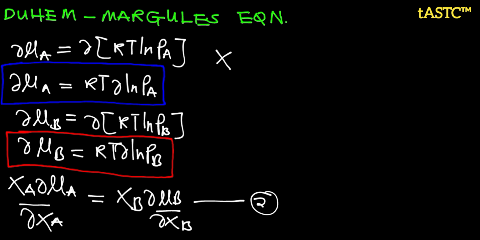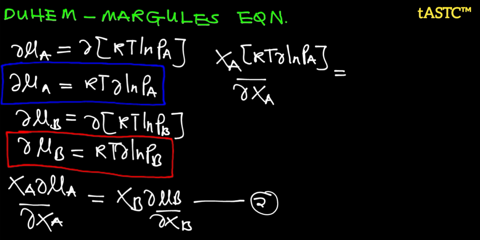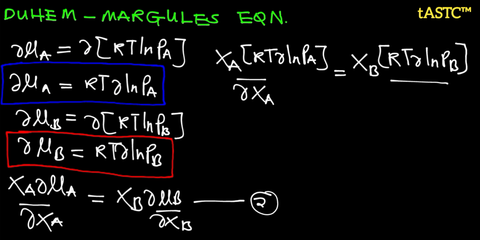We would have x a, and d mu a in this case will be replaced as RT d ln PA, and this is divided by dx sub a. And on this other side, we have d mu b, which is RT d ln P sub b, and this is divided by dx sub b.